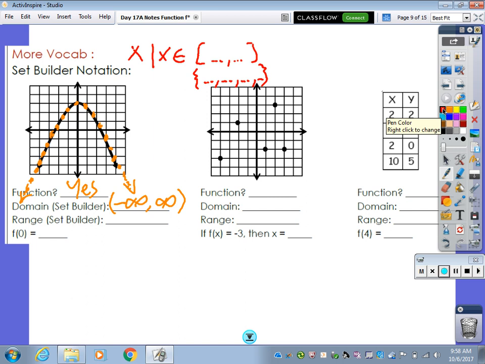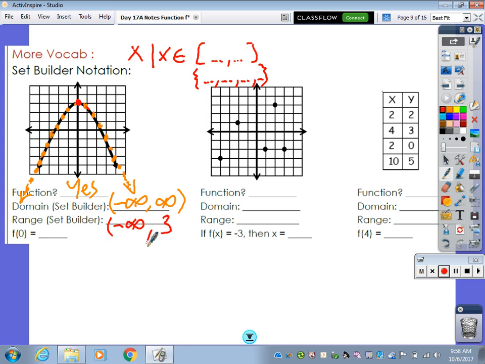I will look at the y values from the ordered pairs that are on the graph, and since all the y values are going down on both ends, it's going to go all the way to negative infinity. Y values are stopping at exactly 3, so it will not go past 3. Negative infinity till 3 is going to be our range.